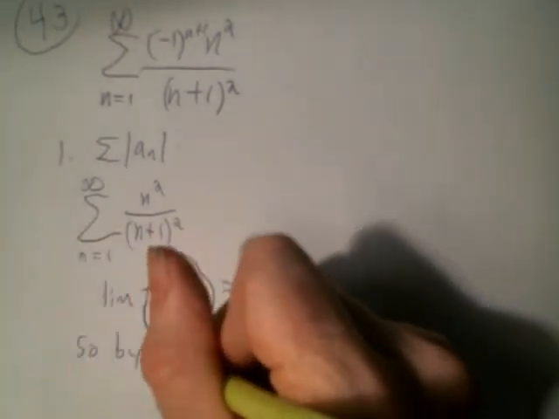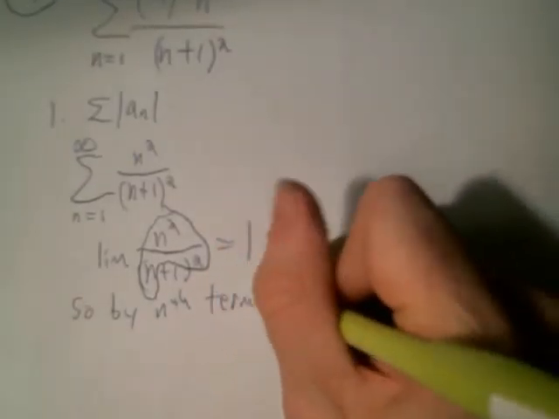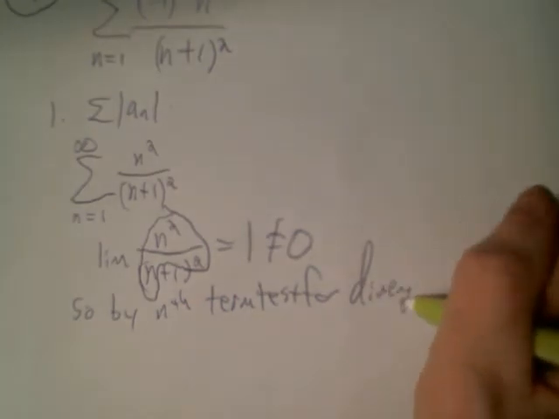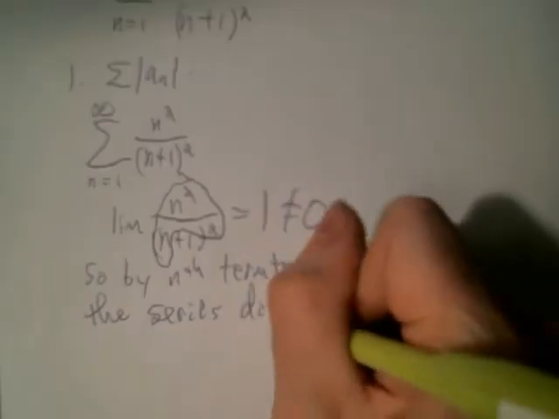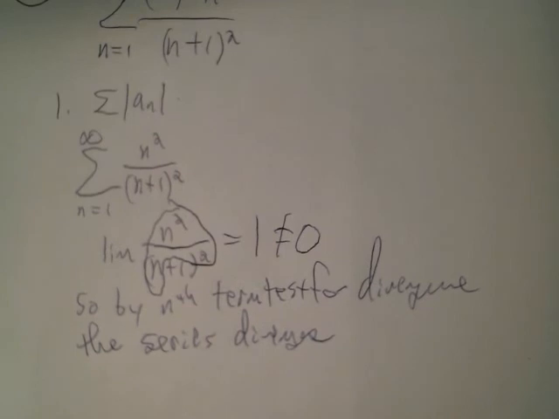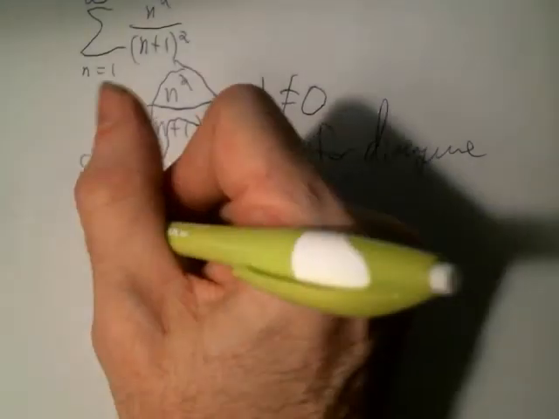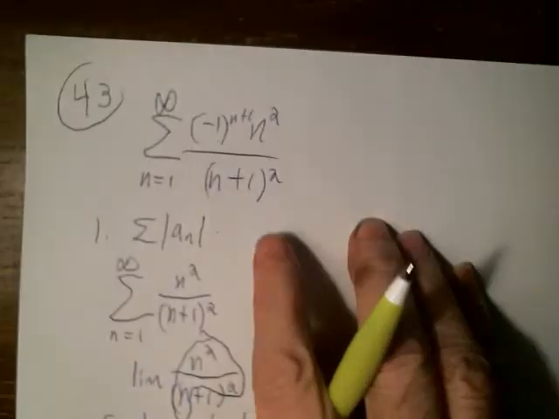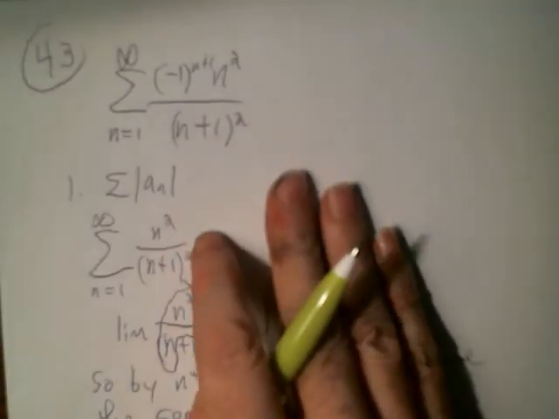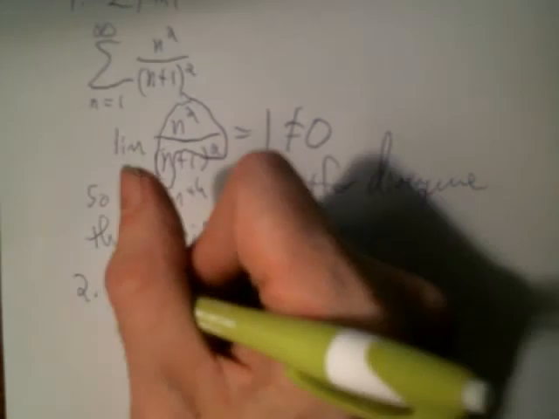So by the nth term test for divergence, the series diverges. Okay? So in the flow chart, we know it's not absolutely convergent, and we continue down. Secondly, we're going to have to consider this guy by itself, and it looks like an alternating series, so I have to do an alternating series test on it.